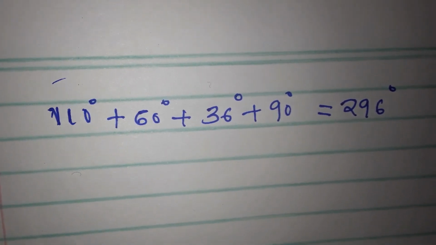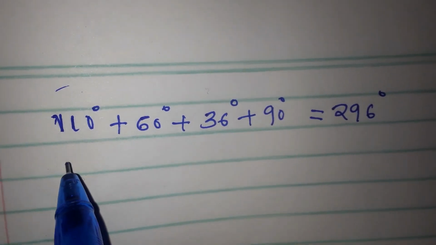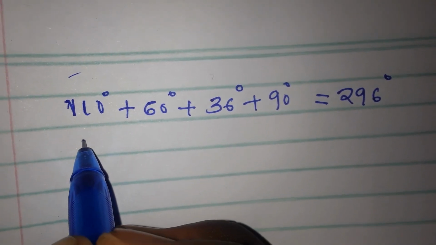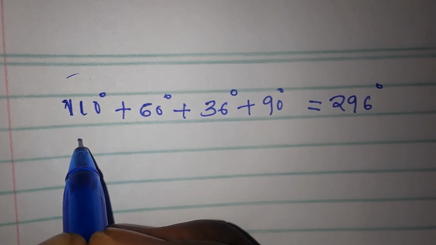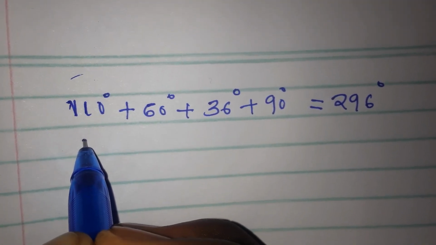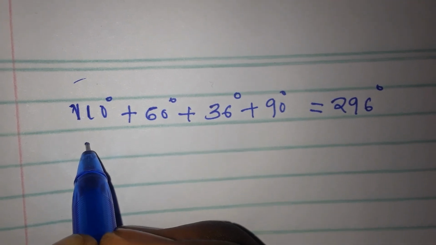Then how will we get the missing angle? Remember, a pie chart works with the rule of angles at a point, which add up to 360 degrees.